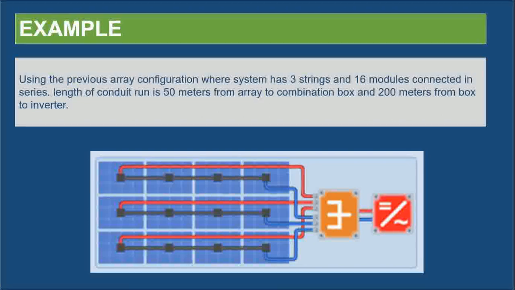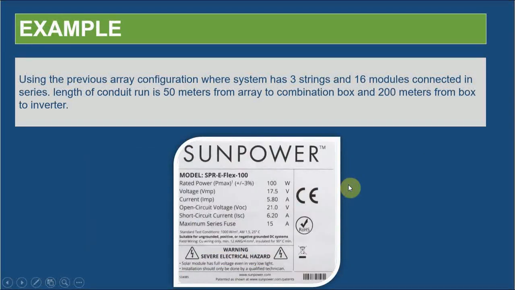The distance from the PV array up to the combiner box is 50 meters, and the distance between the combiner box and the inverter is 200 meters. Here is a snapshot of the modules, and we are going to use all of this data during our calculation for the conductor size or conductor ampacity and also the voltage drop.